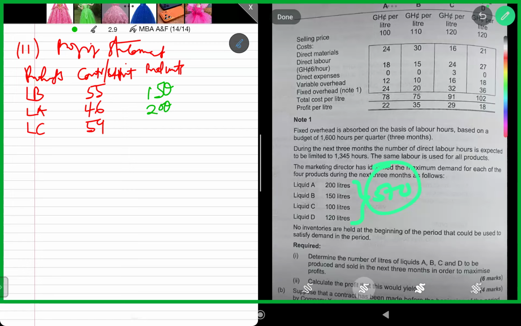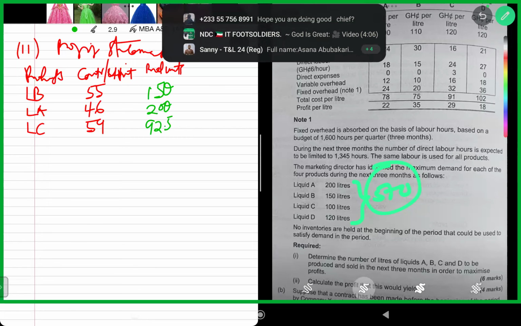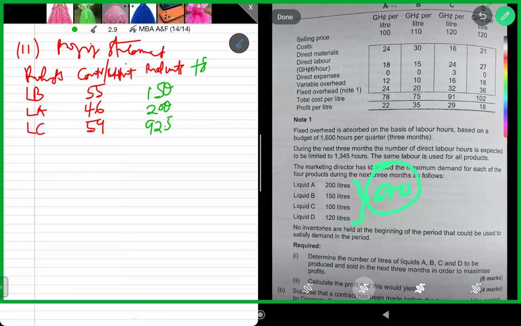Liquid C, 92.5. So these are the production liters, and we have the contribution per liter. To find the total, we will multiply the contribution on each by 150. How much would that be?